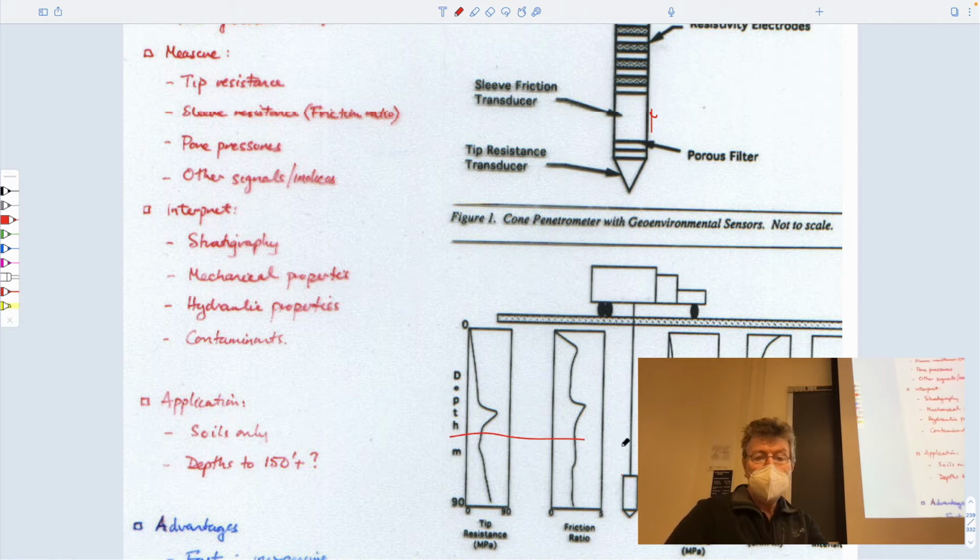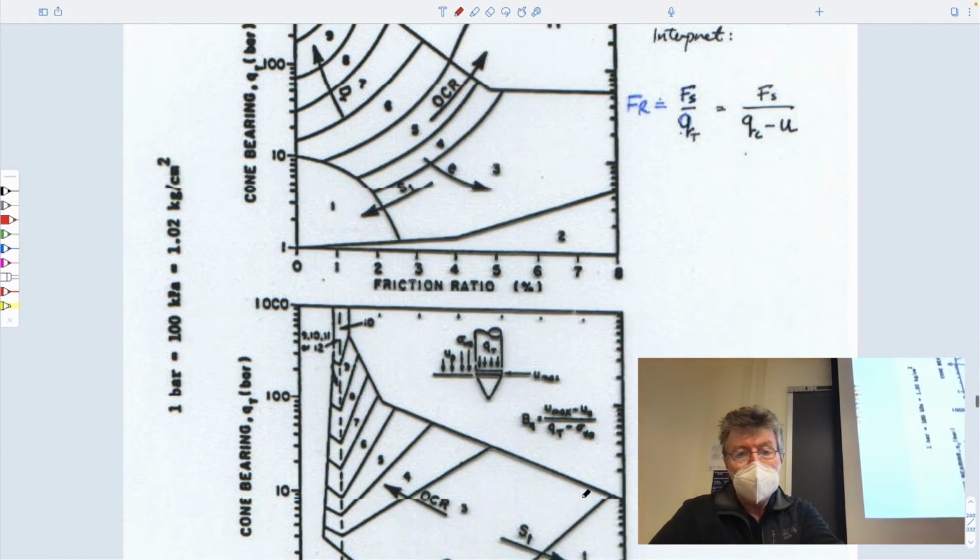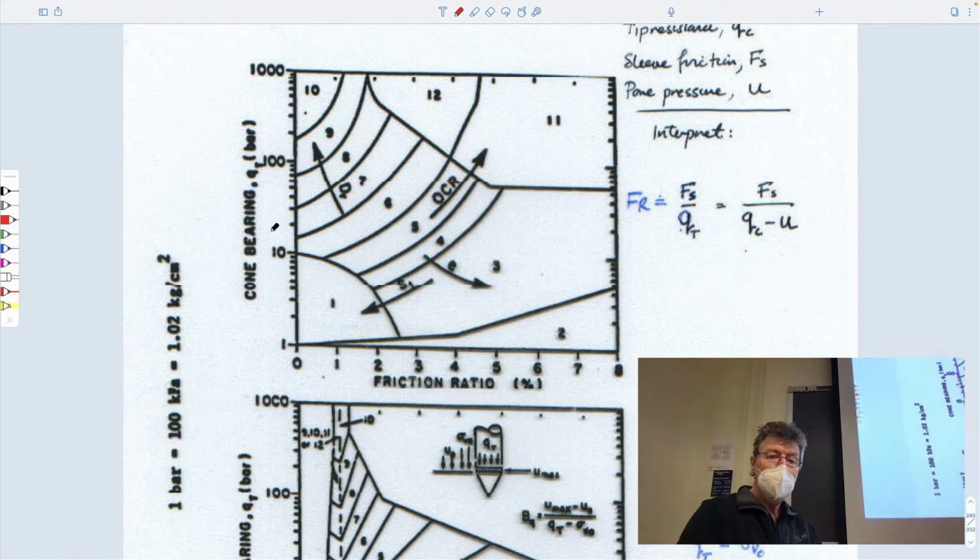So this means that at any particular depth, you have a measurement of the tip resistance, the sleeve friction, and the pore pressure. And if you take these 3 variables and plot them at any particular depth, the end bearing, the friction ratio, and so if you know what these values are at any particular point, then you can come up with a magnitude of a proxy soil that has these characteristics.